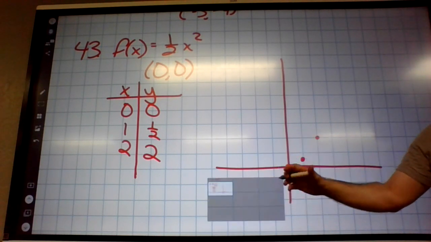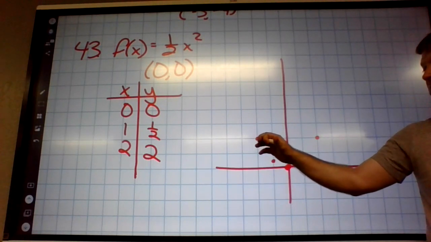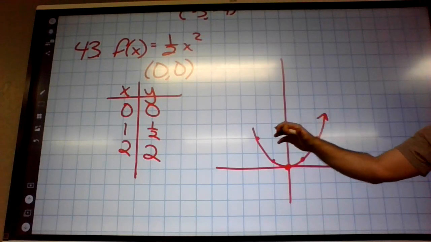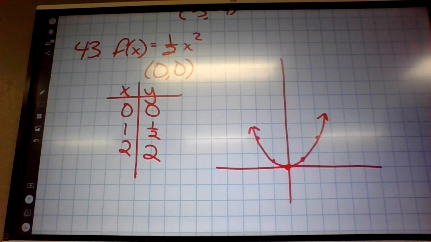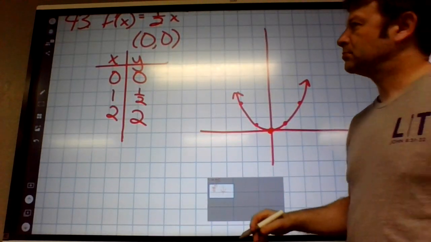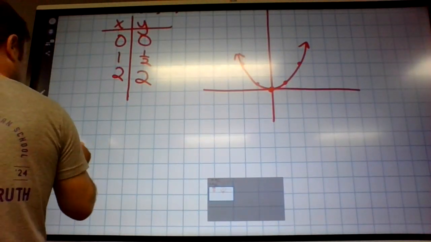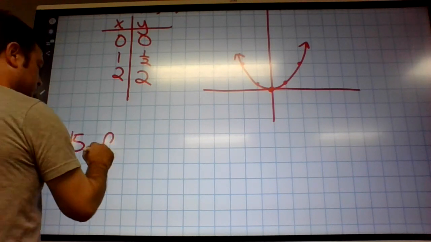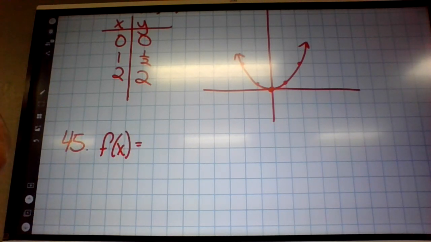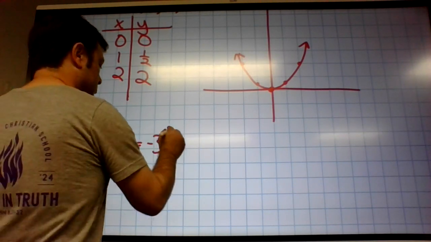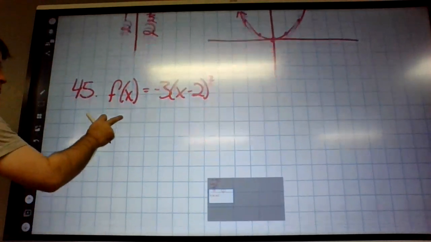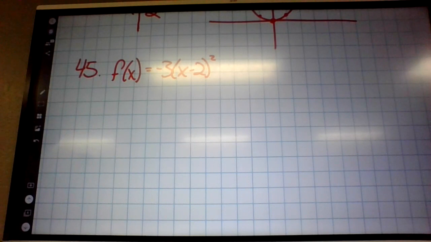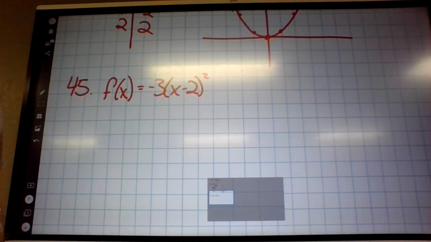So that means these points are reflected over to the other side.